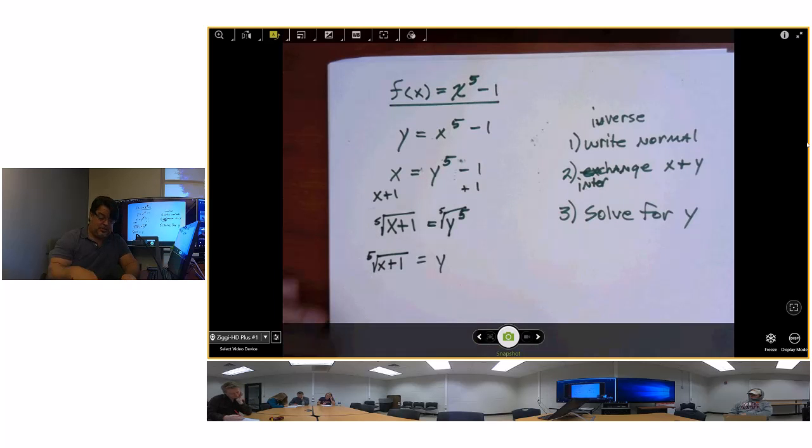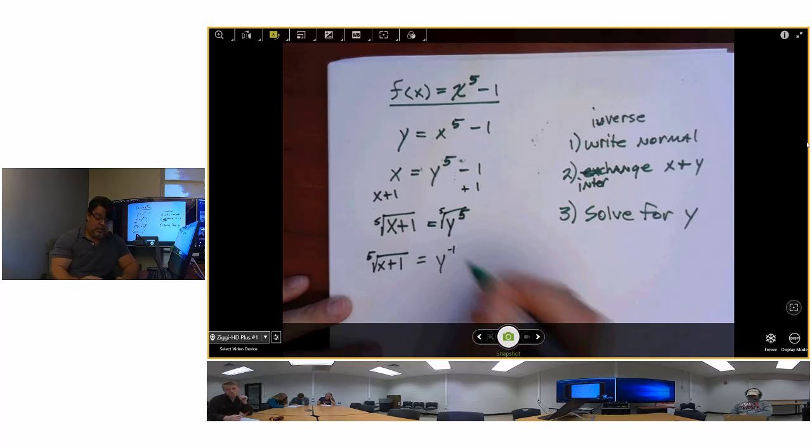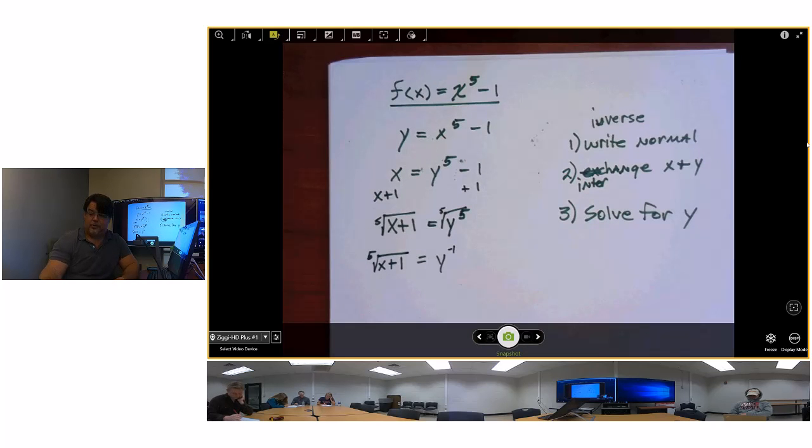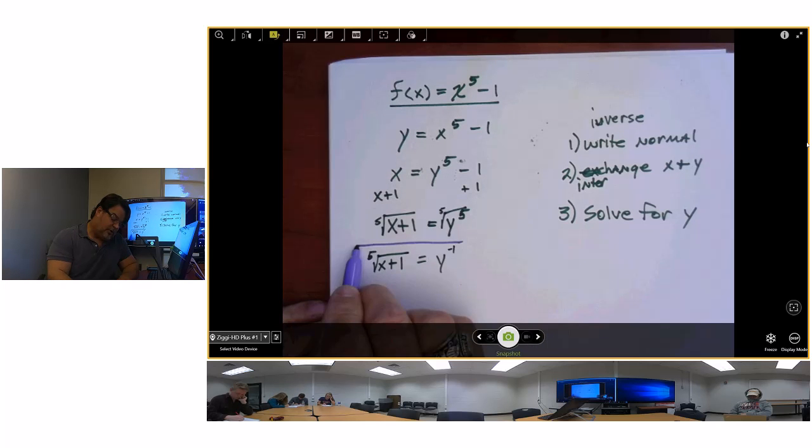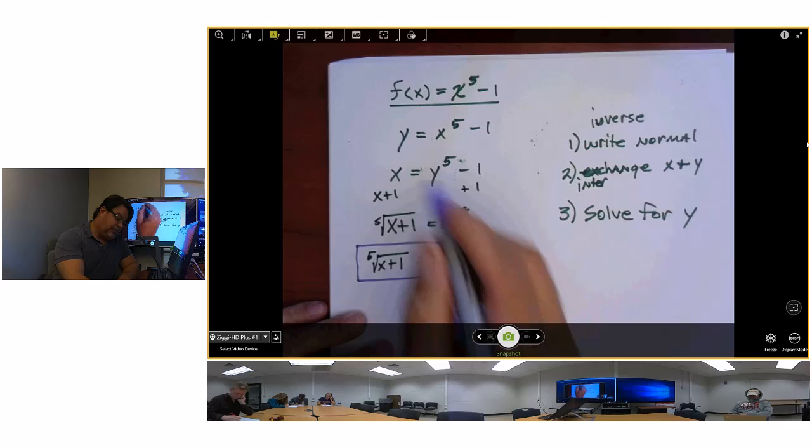And that is the inverse, and you can put a little negative 1 right here. That is the inverse of the original y function. This right here is the inverse of this.